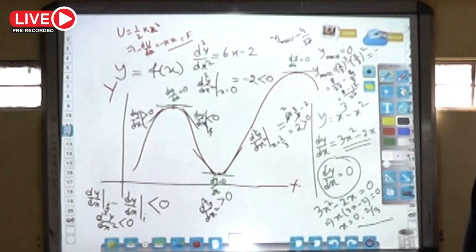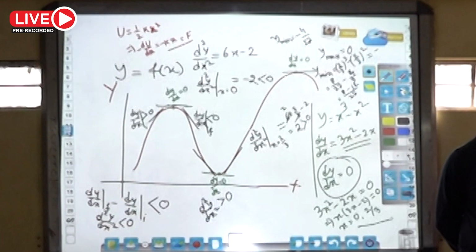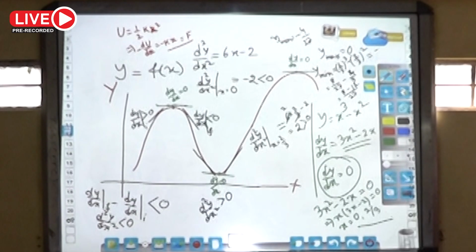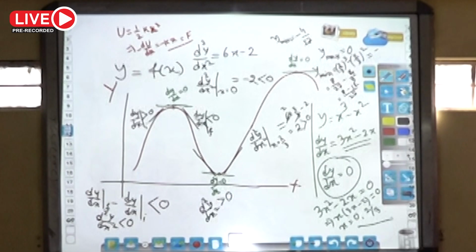And if it suddenly comes that the double derivative is also 0 at every point, meaning irrespective of the value of x the double derivative comes to be 0, then what happens? It means you cannot decide whether it is maximum potential energy or not, so everywhere the potential energy remains the same, that is the neutral equilibrium.